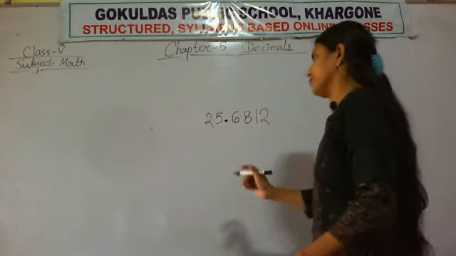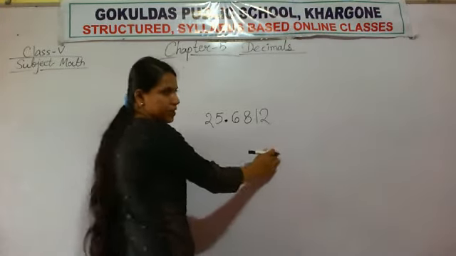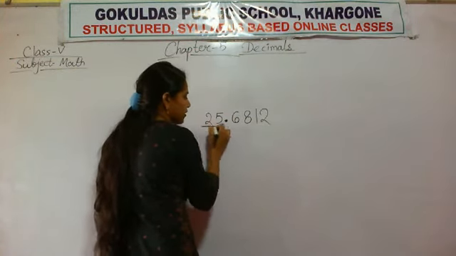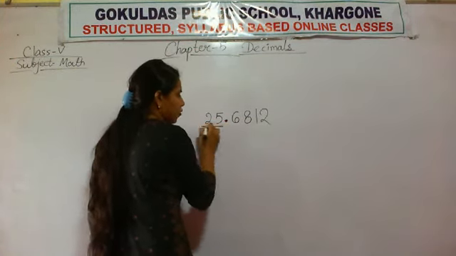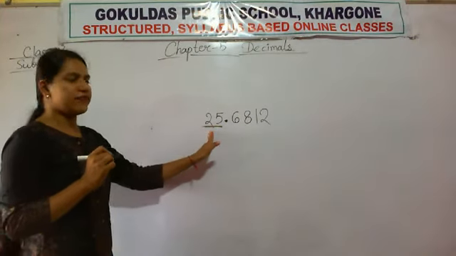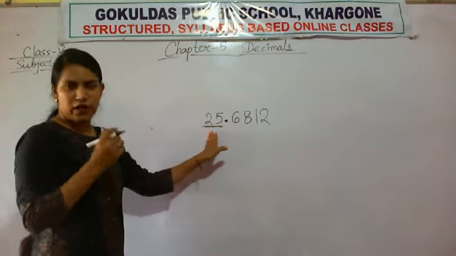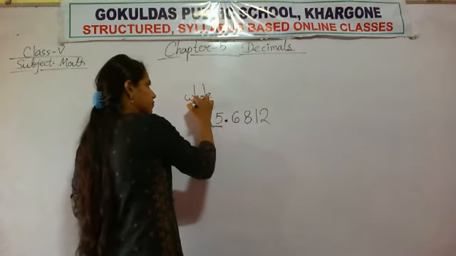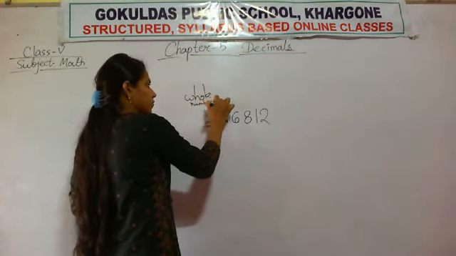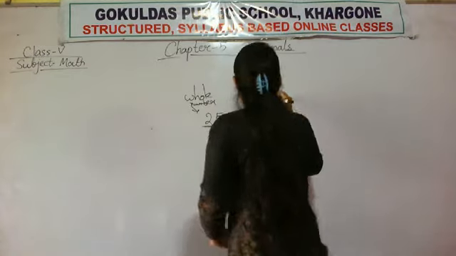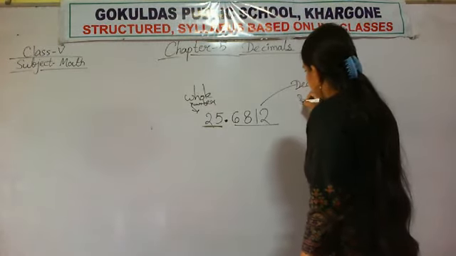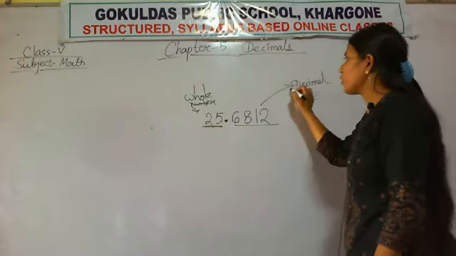Means, it is a decimal number, right? How will we read it? This is a whole number at the left side of the decimal, and it is the decimal part, right? Now I want to read this number.